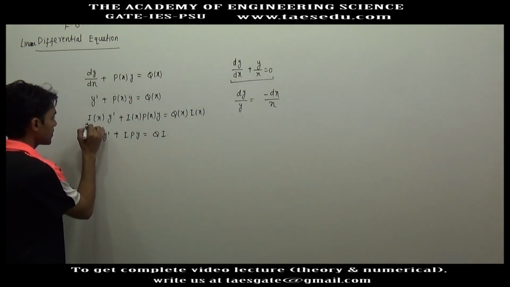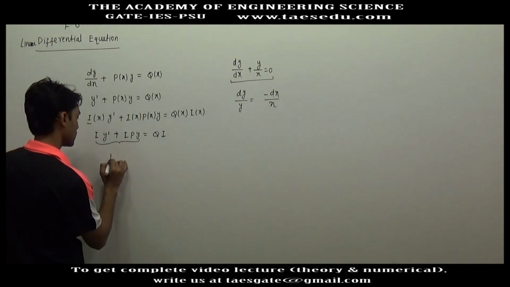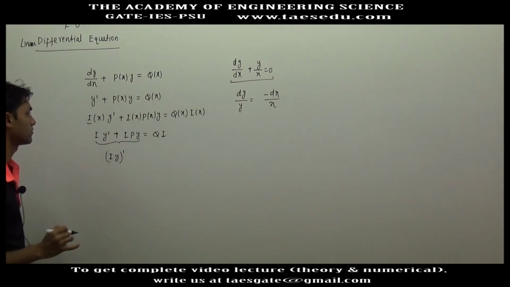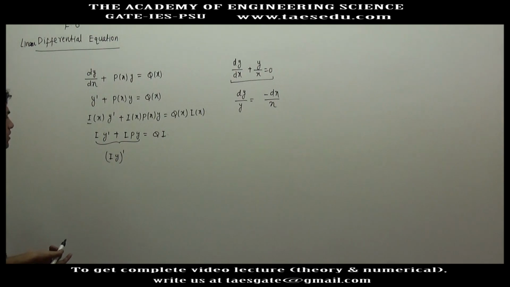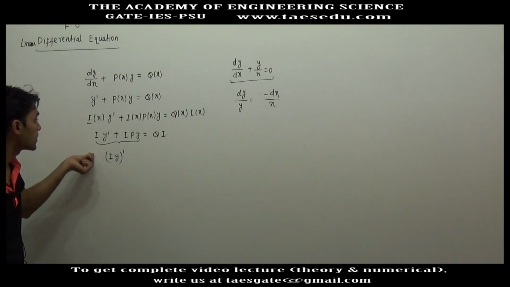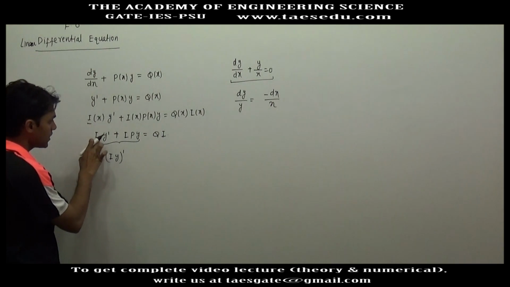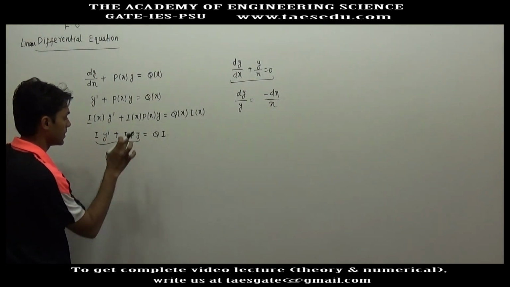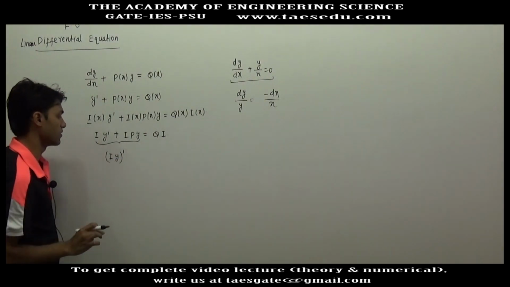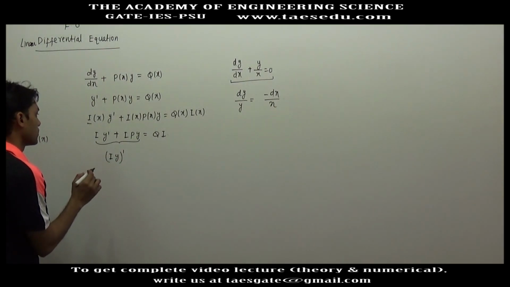Now I has to be chosen such that we should get this as the derivative of I into y. How can I be chosen, and how will you find that particular function of x? You have to choose I(x) such that I into y dash plus I p y is equal to the derivative of I into y.